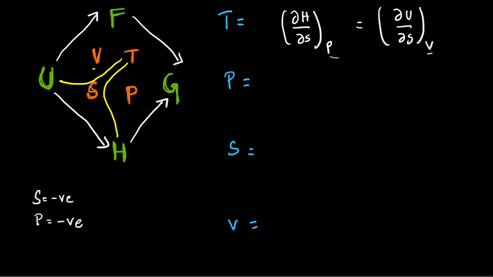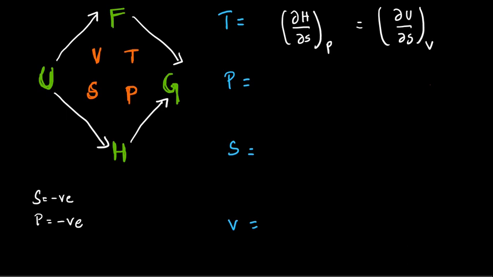Now let us find for P. I have told that wherever you are going to use P and S, you'll have to include a negative sign. So we are going to include a negative sign on the right-hand side. Remember that you are using P and it should be a negative sign.